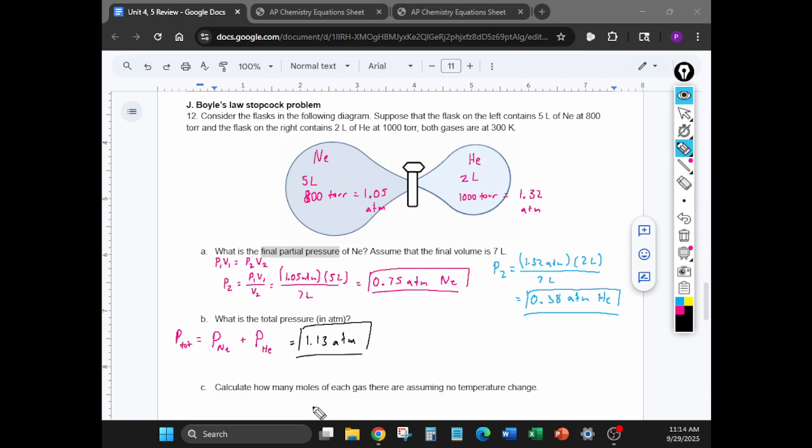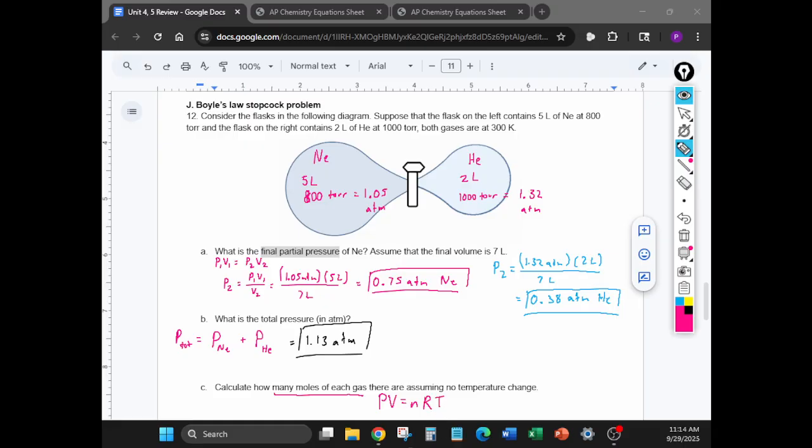All right, let's do part C now. If we take a look at part C, it's pretty simple. It's asking how many moles of each gas are there, assuming there's no temperature change. So super simple. The only equation that we have with moles is PV equals nRT.